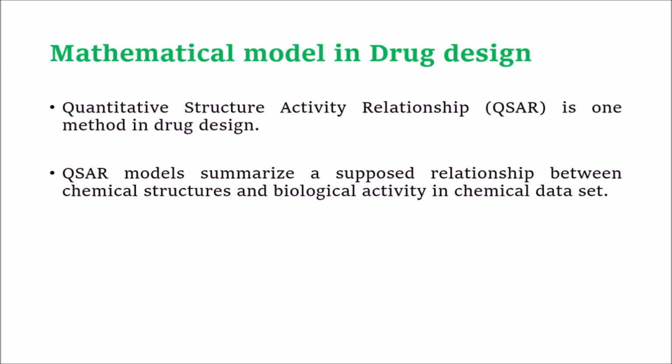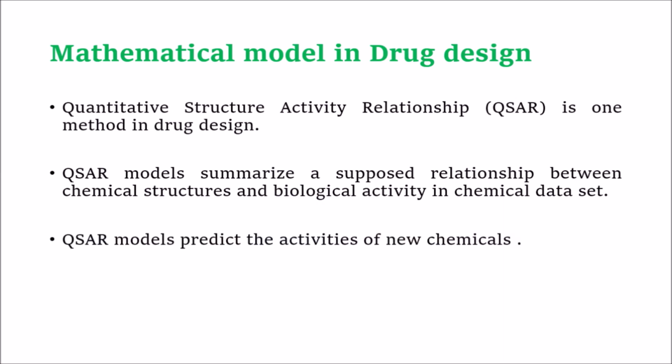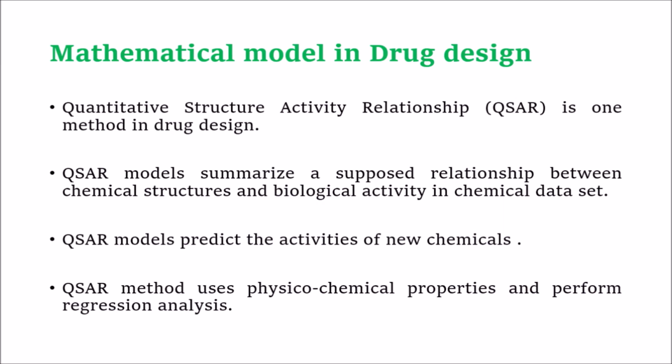The QSAR model summarizes the supposed relationship between chemical structure and biological activity in a chemical data set. After having that summarization, the QSAR model will predict the activities of new chemicals.